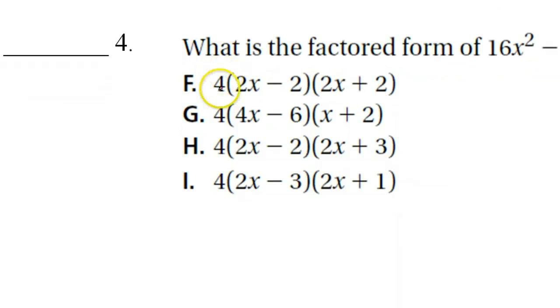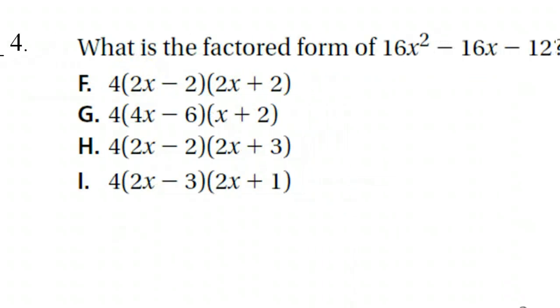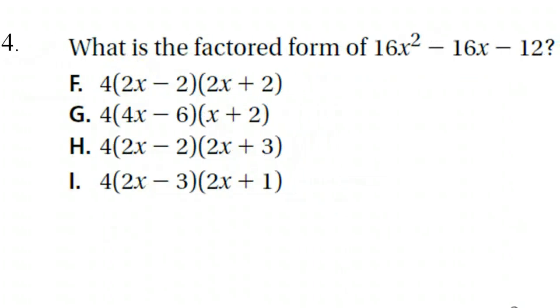Okay, how about number 4? What is the factored form of this? Well, my friend, what is the first step of factoring? GCF. All of these are divisible by 4, so there's a common factor of 4. So let's bring that out.